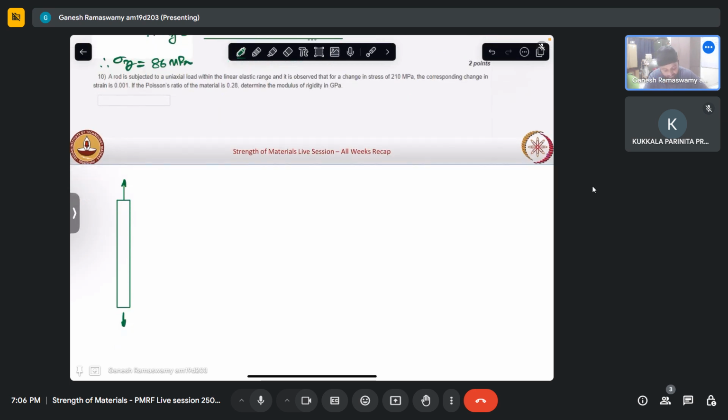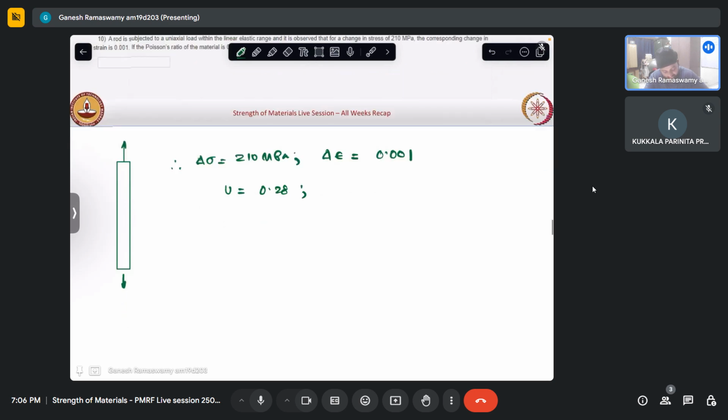And it is observed that for a change in stress of 210 MPa, the change in strain is 0.001 microstrain. If the Poisson's ratio of the material is given to be 0.28, determine the modulus of rigidity, that is G, what is asked.